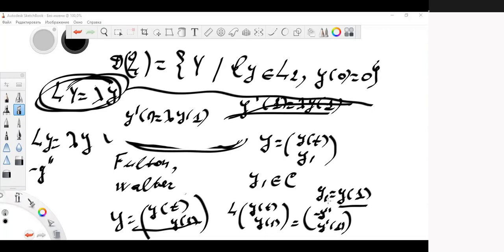And now your operator on y and y1 will act like that: minus y second derivative and y prime 1, as if that y and that one are taken to form the new vector, as I put it here. Your operator on the first term acts like that, and on the second term it acts like that.